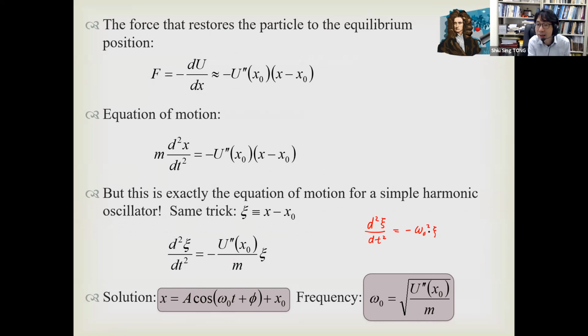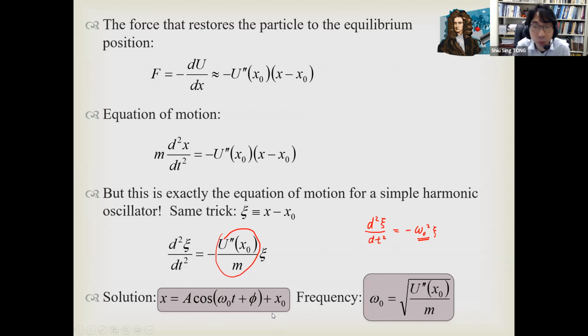Remember this, right? So this is actually omega naught squared. Whenever you see an equation of this form, you can conclude that the equation is simple harmonic. So this omega naught corresponds to the square root of this. The frequency is actually the square root of u double prime at x naught over m.